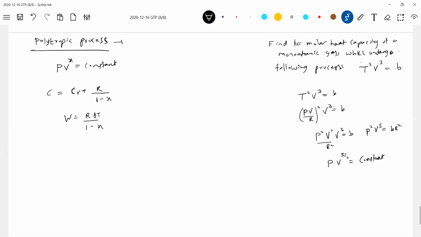Okay, substitute the molar capacity, no. For a monoatomic gas, CV plus R by 1 minus X, where CV is 3R by 2 and X is 5 by 2. So how much is it finally? 5R by 6.